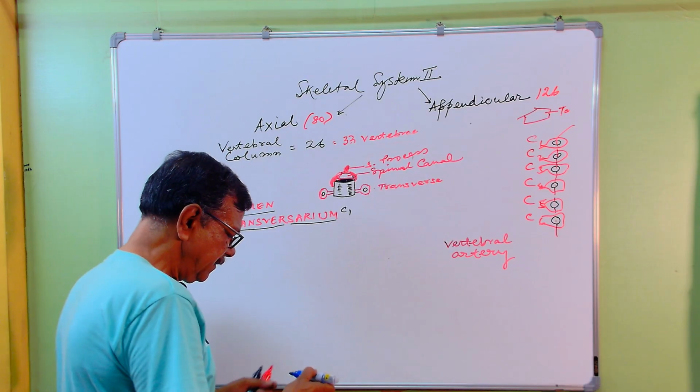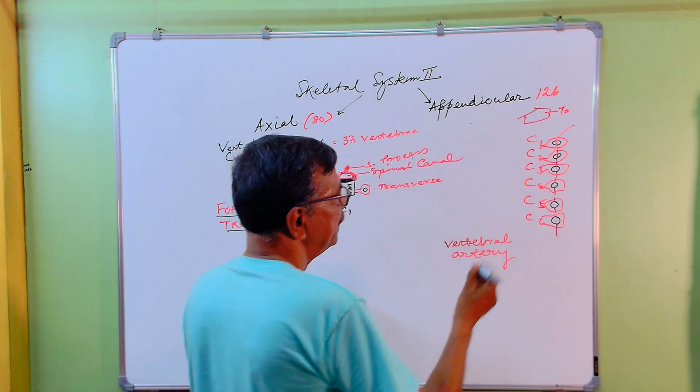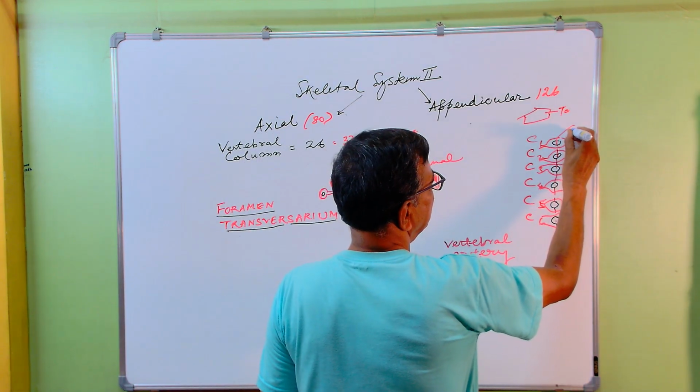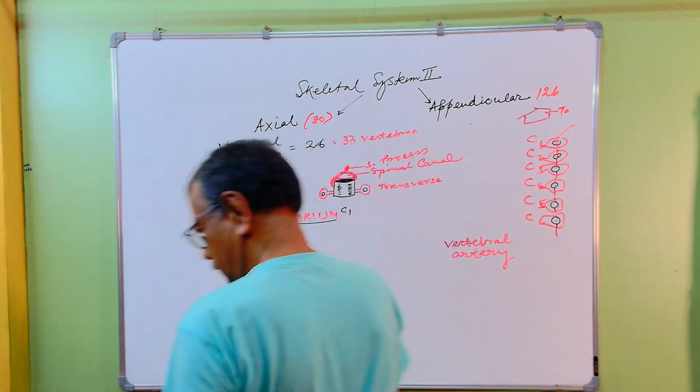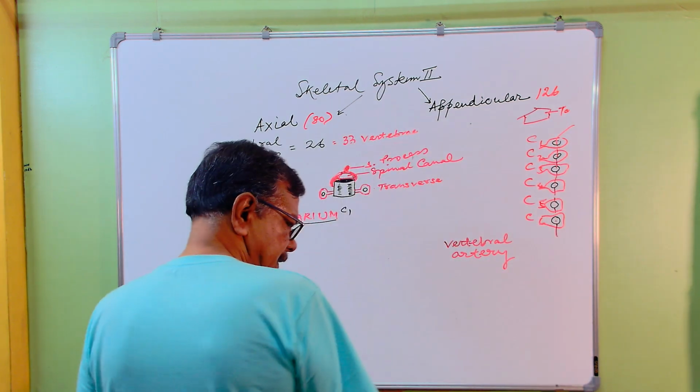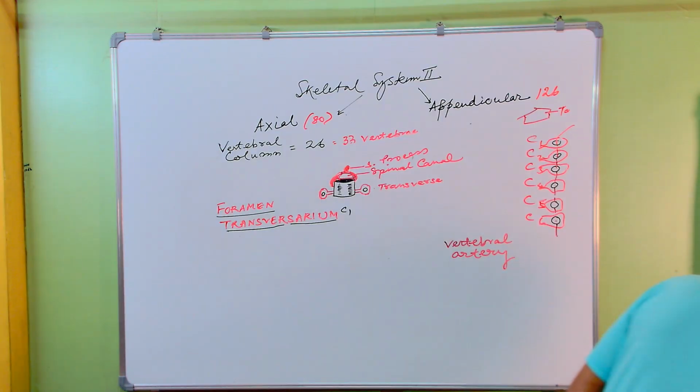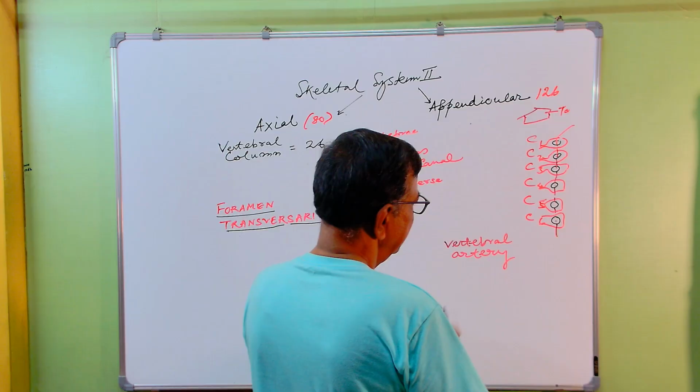Likewise, the vertebral vein also passes through this. Sorry, I don't have that color.